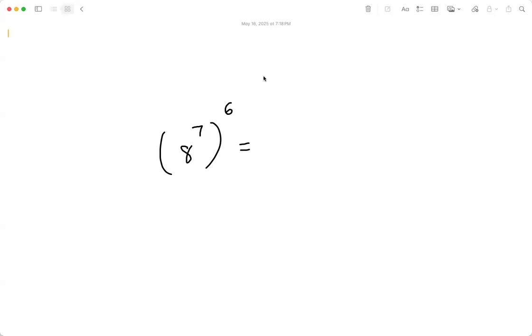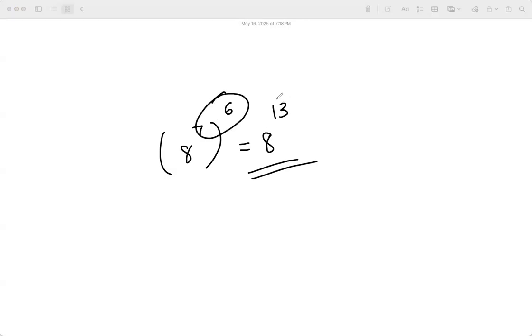No, you can tell me the answer as a power of 8. Absolutely fine. You can say the answer as a power of 8. Do you get it? Yeah.